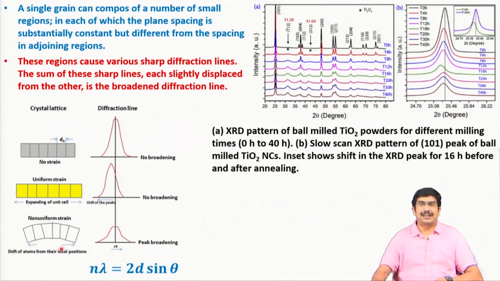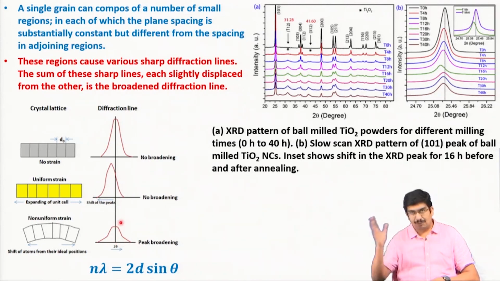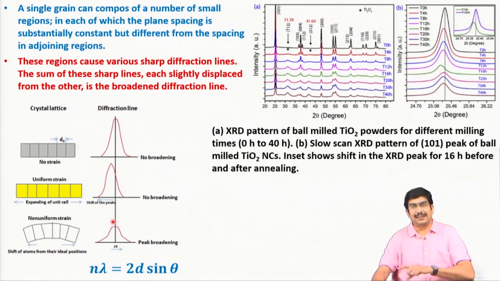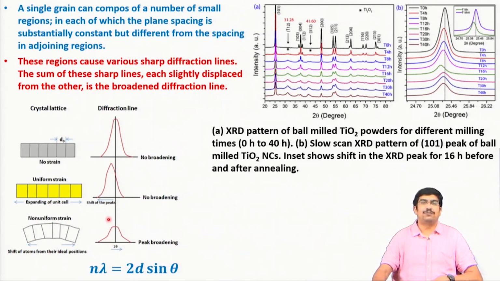So, what will happen is that some regions, because of d being smaller than d naught, we are getting peaks forming at higher than theta b, or some regions, tension regions where d is greater than d naught, the peak will try to form at a lower sin theta value than theta b.